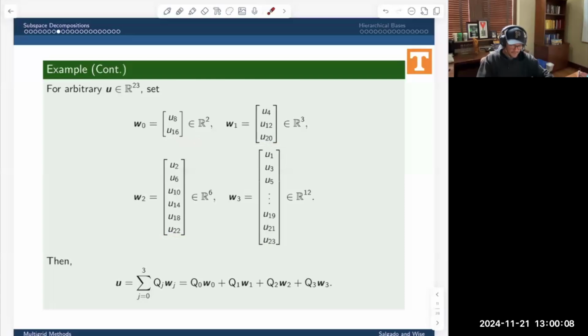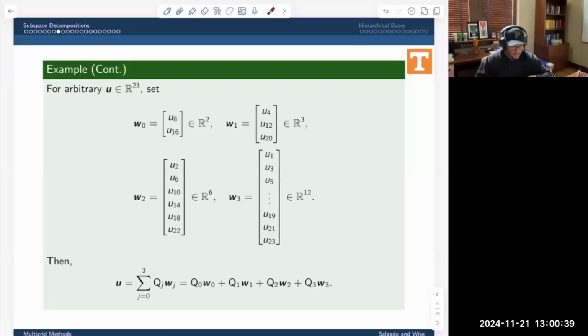And so this is the idea of this hierarchical basis decomposition, such that when I add these guys back up, I need to convert this back to a vector in R23. Same with this one, same with this one, same with this one. And that's what these prolongation matrices are doing. They're kind of expanding these back up in the appropriate coordinate way to give me back my original vector U. That's the idea of hierarchical basis decomposition.